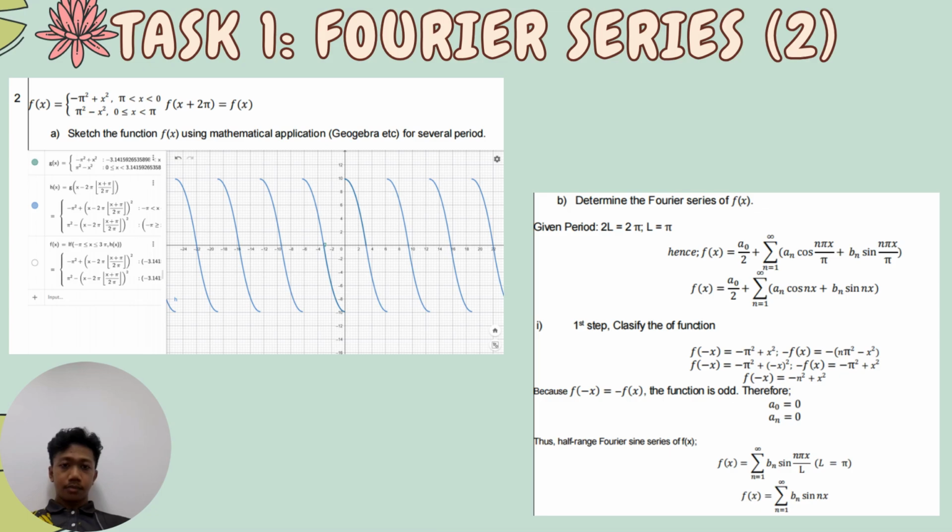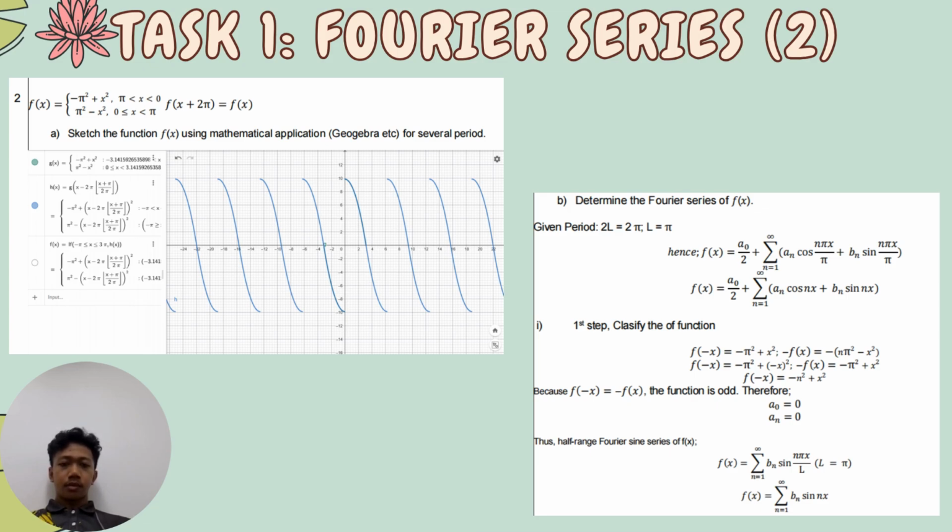Then, for determining the Fourier series of f(x), as the period is L equal to pi, we can substitute the value into the general Fourier series equation, and we get that f(x) equals a naught over 2 plus summation of an cos nx plus bn sin nx.